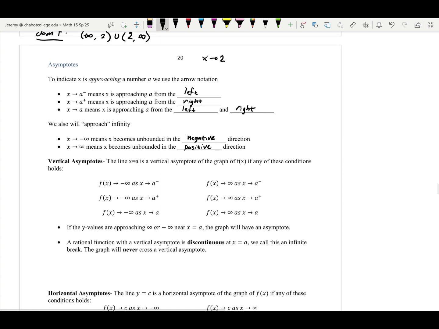All right, and the way that we define a vertical asymptote: the line x equals a is a vertical asymptote of the graph of f of x if any of these conditions hold. Basically, if f of x is going to negative infinity or positive infinity as x approaches a from the left or from the right, or both.